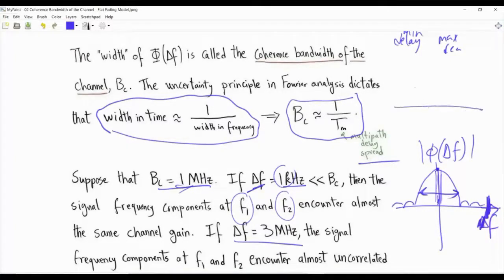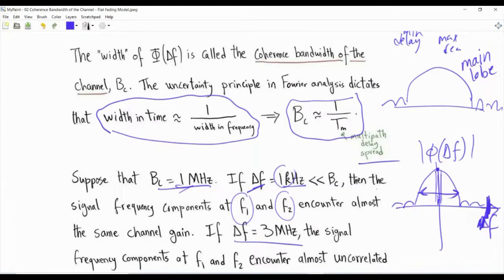But the typical thing is that there is a so-called main lobe, and then there are side lobes, and you never go back to the high value. That's a good question.